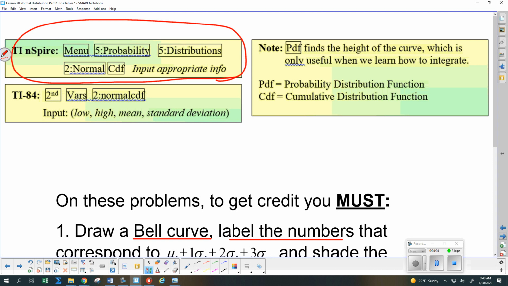Menu, and then this is probability because it's what percent, distributions, normal distribution. Both 1 and 2 say things about normal distributions. Number 1 says normal PDF. The number 2 that we will use means cumulative distribution function.